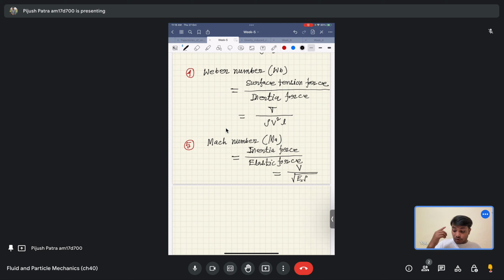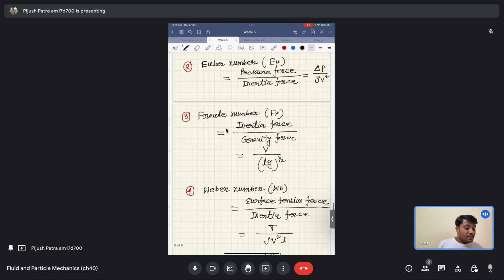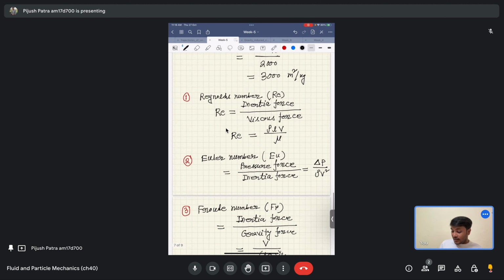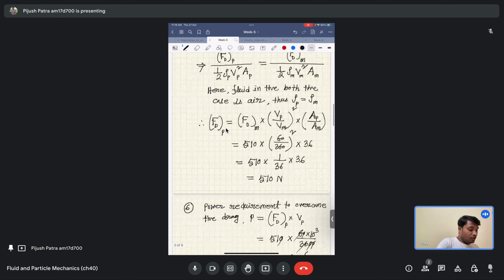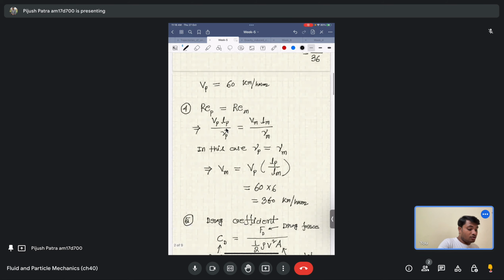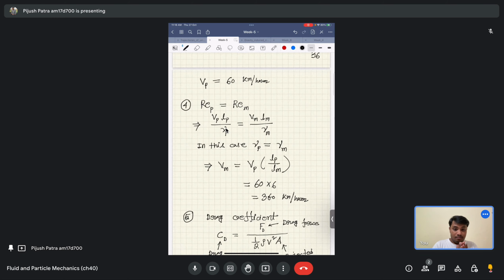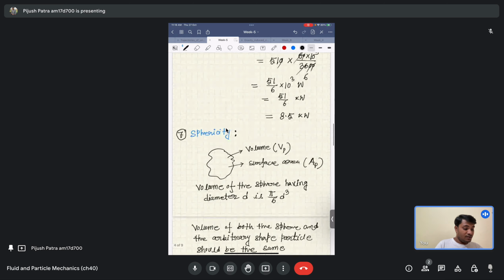So for a problem to be dynamically similar, all these non-dimensional numbers associated with the problems should be the same. Just like for the problem we solved, we used the condition that the Reynolds number of both the problems must be the same, as well as the drag coefficient.